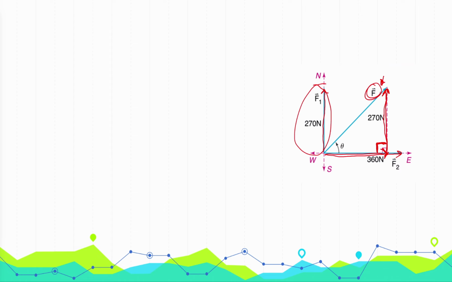So the magnitude of this force vector that we're trying to find, squared, is going to be equal to 270 squared plus 360 squared. Pythagorean theorem. And so 270 squared plus 360 squared is equal to 202,500.